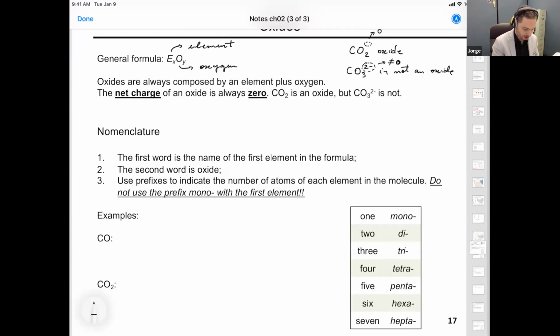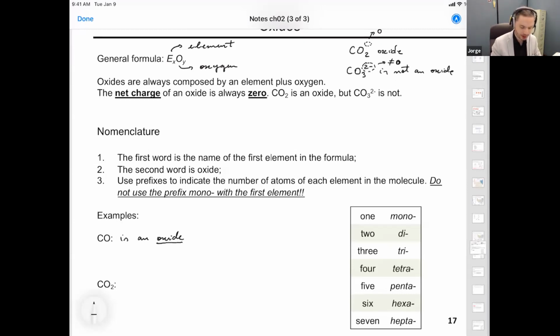Okay, so let's start with CO. CO is an oxide because we have an element bonded to oxygen and the net charge is 0. Now let's name this oxide.